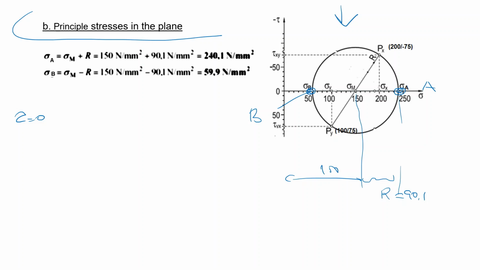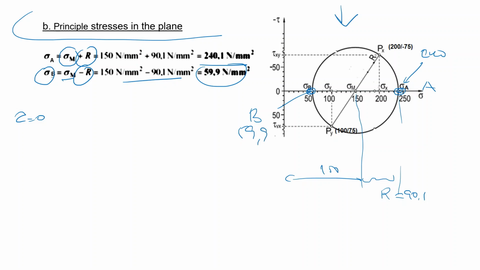So the first principal stress is the average plus R, which gives you 240. And the second one is the average, the center, minus R, which gives you 59.9.